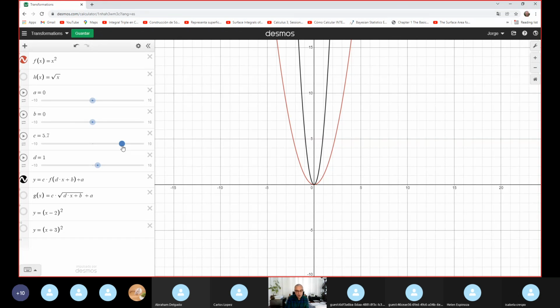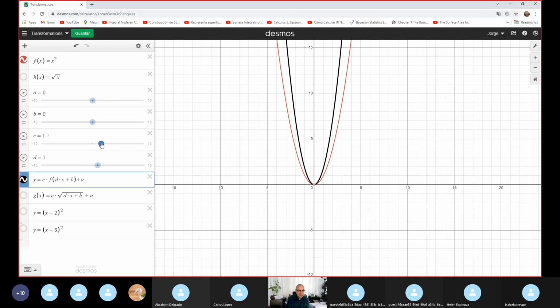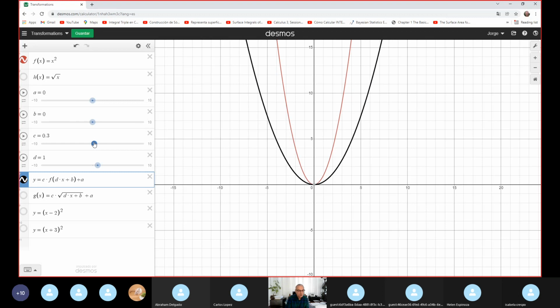So you compare a couple of points, for example, this point and this point, you see for the same value of the x, approximately, the y increases according to this coefficient. Suppose now that the coefficient is less than 1. Whoa, less than 1. 0.3, 0.2, 0.1.